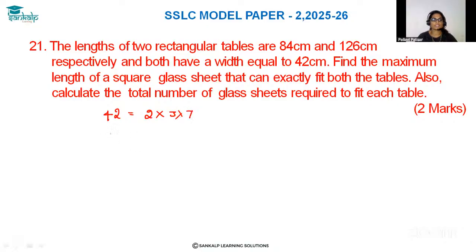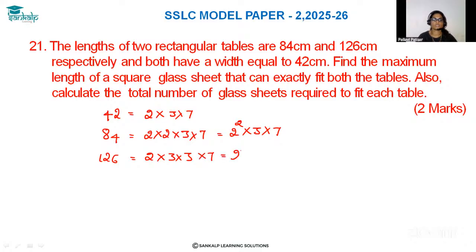Prime factorization of 84 is 2 into 2 into 3 into 7, so we can write this as 2 raised to 2 into 3 into 7. 126 is 2 into 3 into 3 into 7, so 2 into 3 raised to 2 into 7.